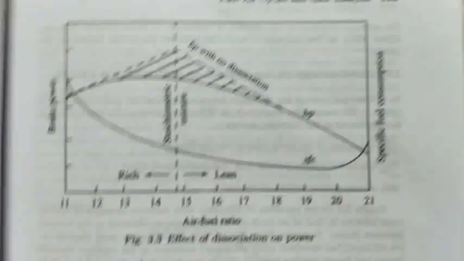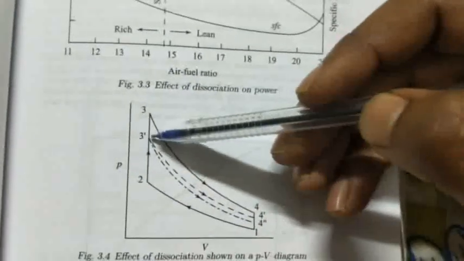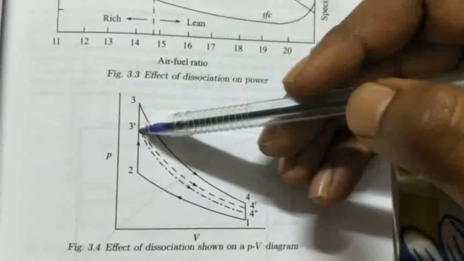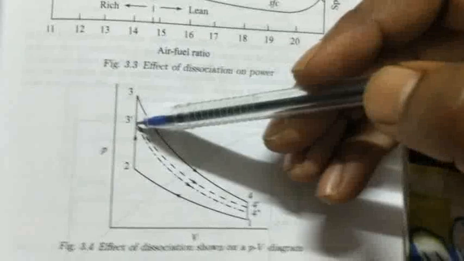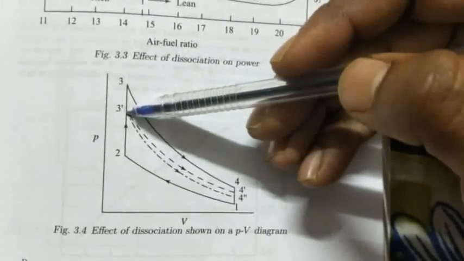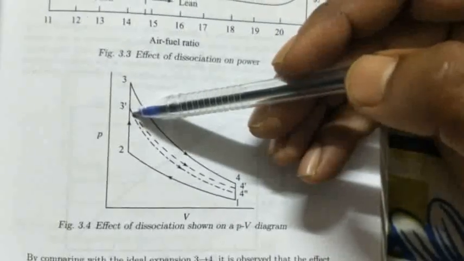Now, due to dissociation, there will be a temperature fall of the system. See, suppose we have expanded from this point 3 dash. Now, with the dissociation, some amount of heat will be consumed by the CO2 molecule to break into CO and O2, or the H2O molecule to break into H2 and O2.